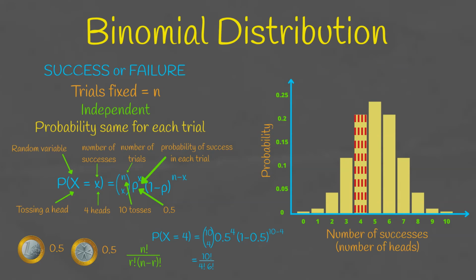Then we have 0.5 to the power 4, which is 0.0625. Then 1 take 0.5 to the power 10 take 4 is the same as saying 0.5 to the power 6, and that is equal to 0.015625. So the probability of getting 4 heads if we toss a coin 10 times is equal to 0.205.